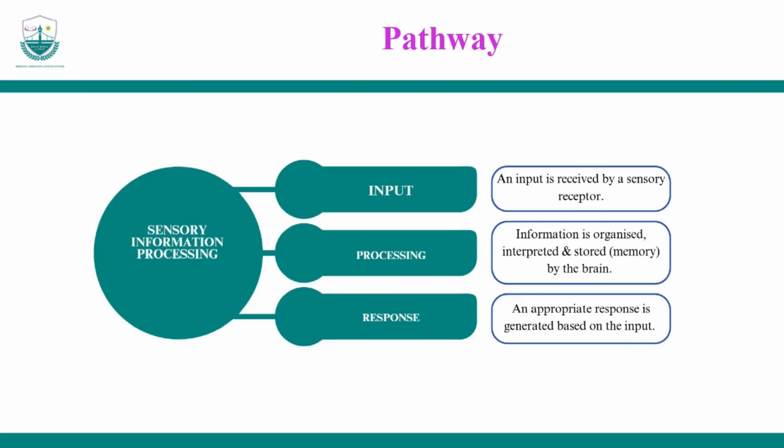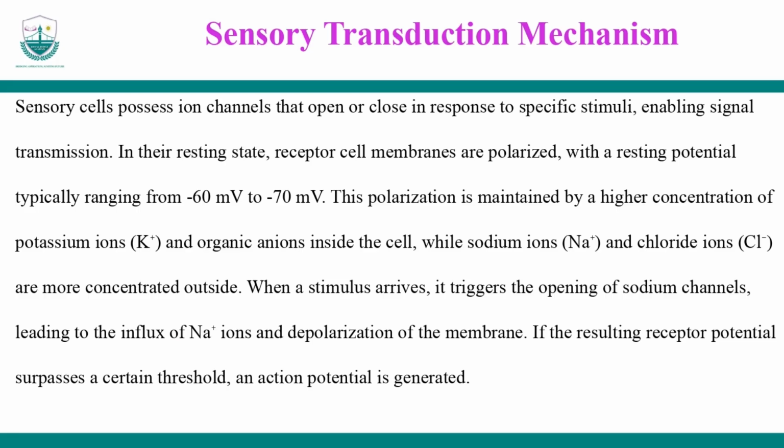Now, we are going to look at transduction. How does the transduction happen? The transduction depends largely on what we call ion channels that exist within these sensory receptors. Remember, I'm using the words sensory receptors, sensory cells, and receptors interchangeably, so don't get confused. So we are saying that the sensory neurons have ion channels.